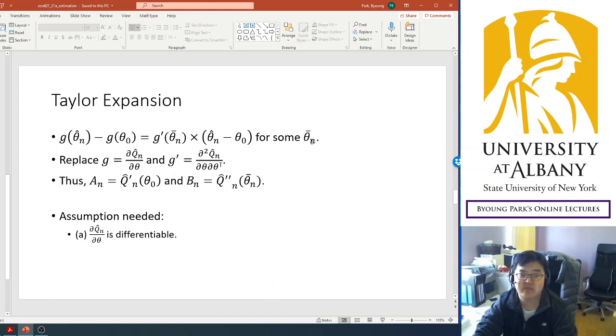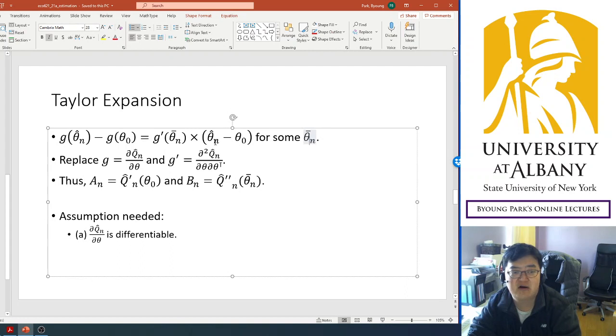I intentionally put n here because theta bar changes when theta hat changes. Theta bar is always in between theta 0 and theta hat, and for any n, theta bar is in between theta hat and theta 0.